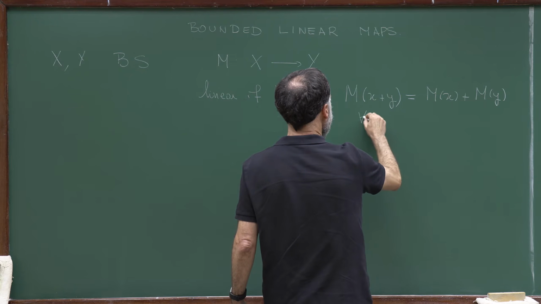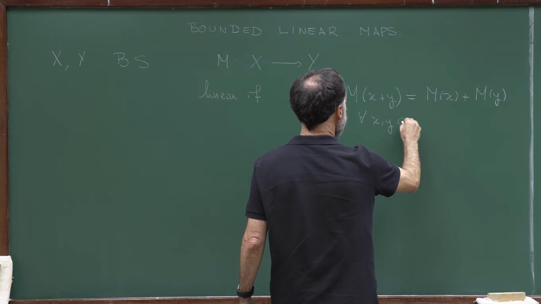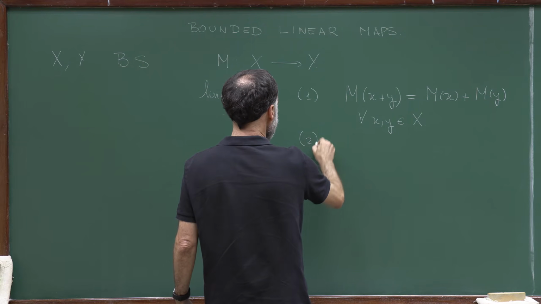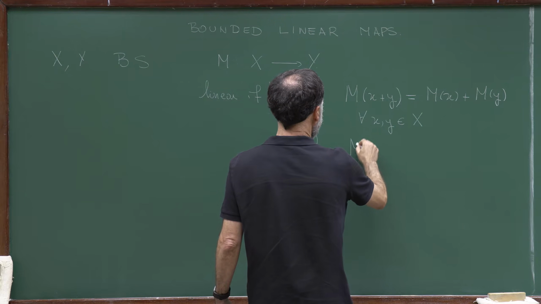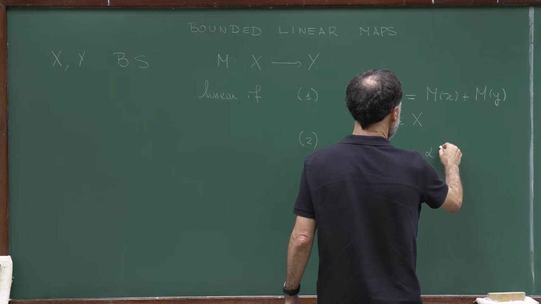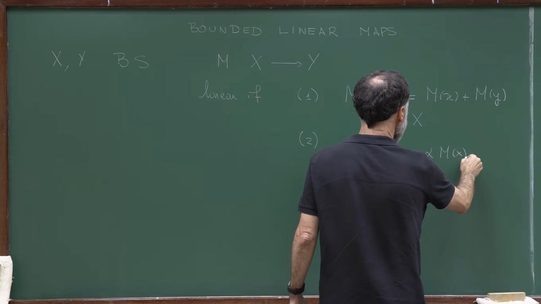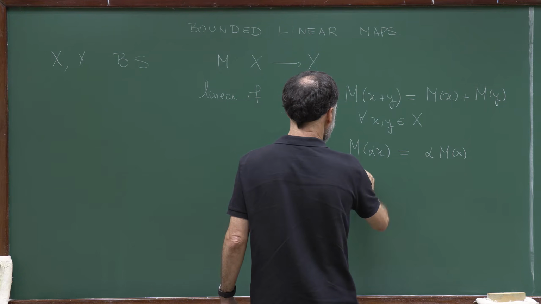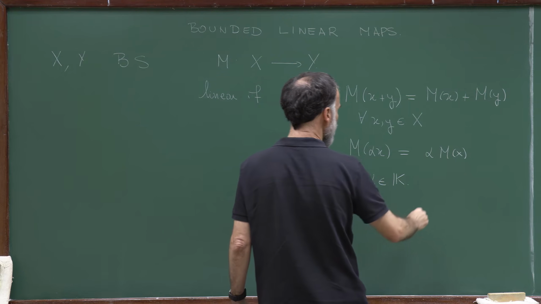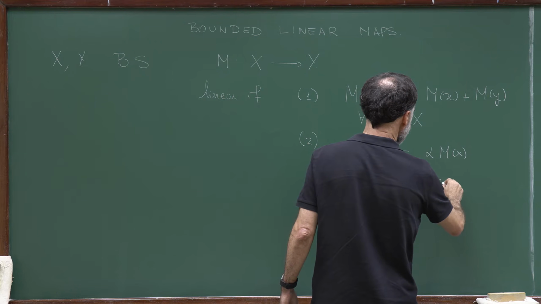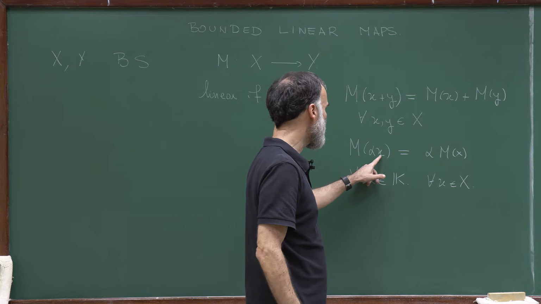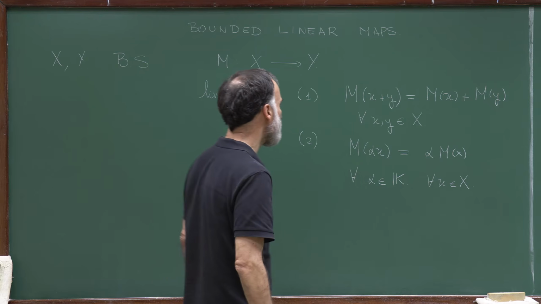So this is for all x, y in X. And two, M of alpha x is equal to alpha M of x for all alpha scalar and all x in X. Note that here I need alpha x to be defined and alpha Mx to be defined.